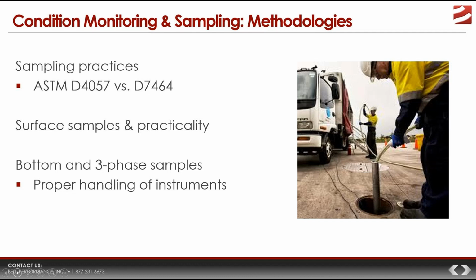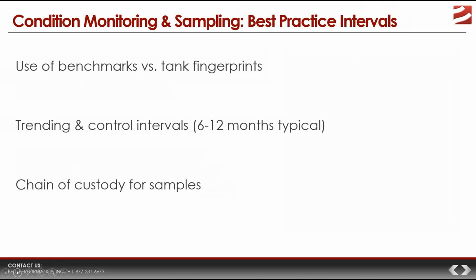So, good sampling techniques are essential to getting as accurate a picture of the realities of a storage tank as possible. Now, there are other considerations too, beyond just best practice techniques for pulling samples. Condition monitoring also means getting enough data so that you can build a fingerprint view of what your individual tank looks like. Now, when we're interpreting microbial data, we use general benchmarks to give them meaning.